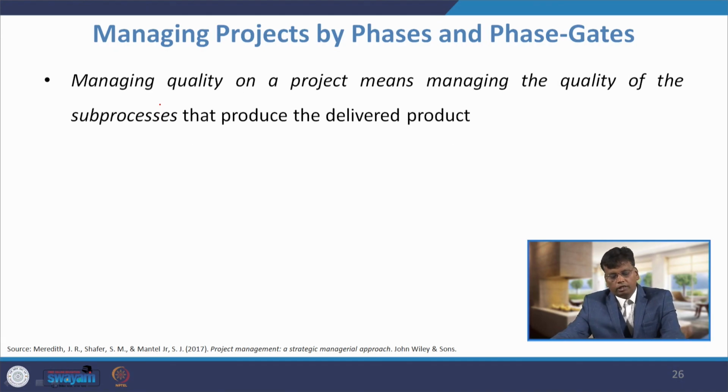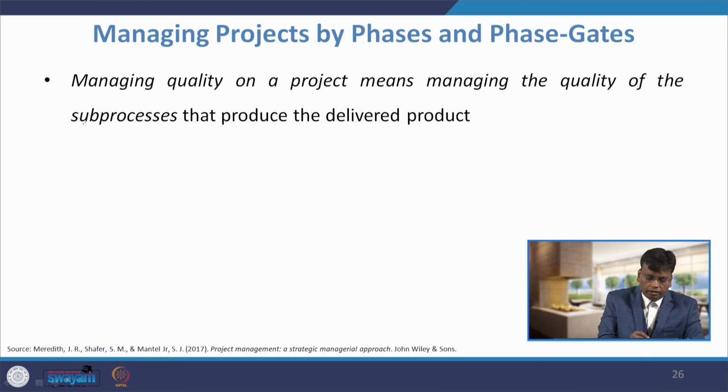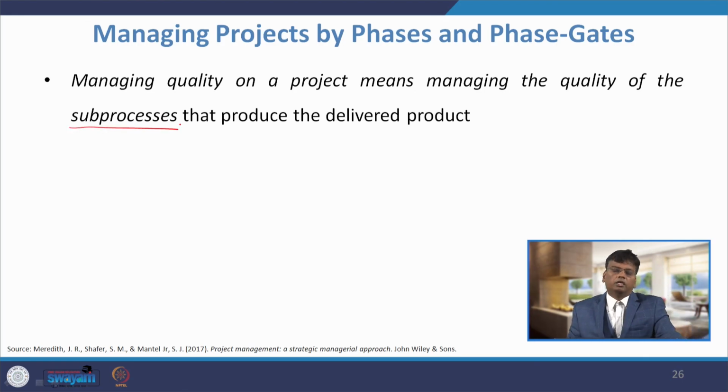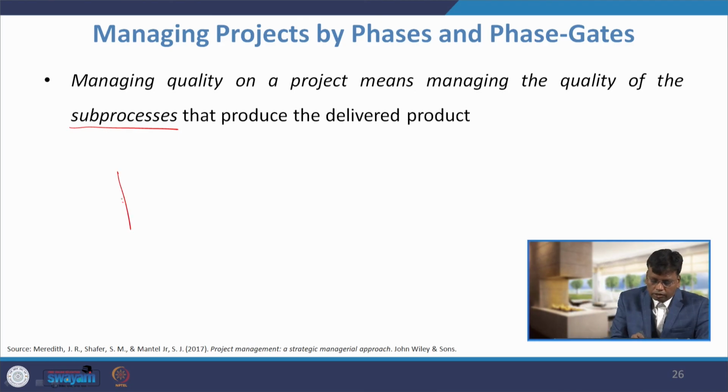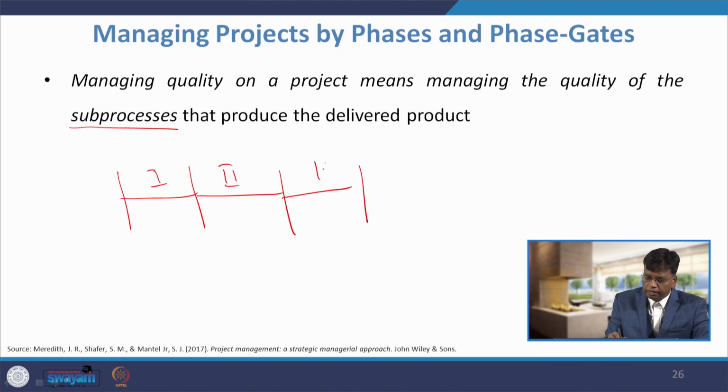Managing quality on a project team means managing the quality of sub processes. Here the important term is sub process, which produces the delivered product. Suppose I have broken the project into different phases: phase 1, phase 2, phase 3. In every stage you have to see the quality.